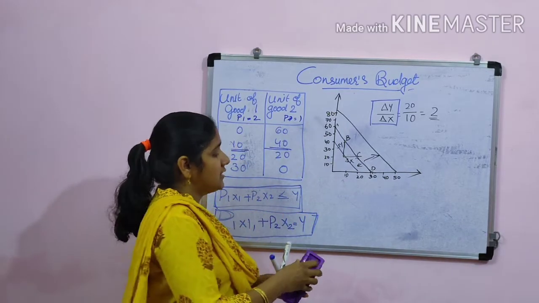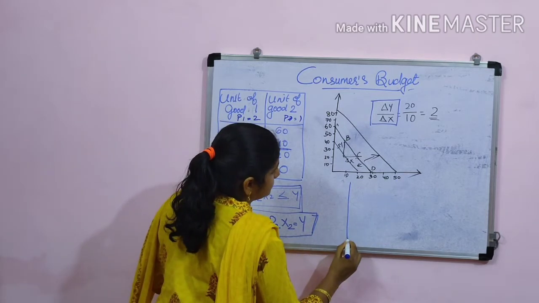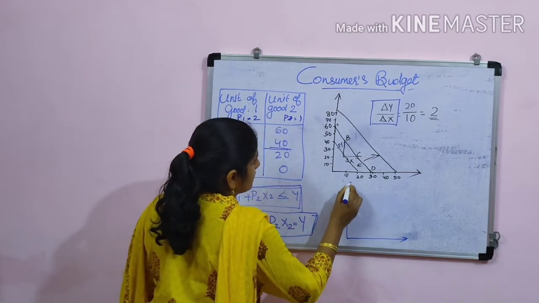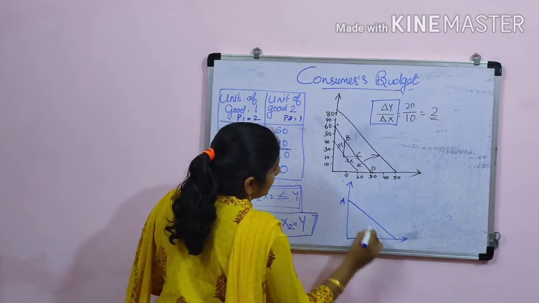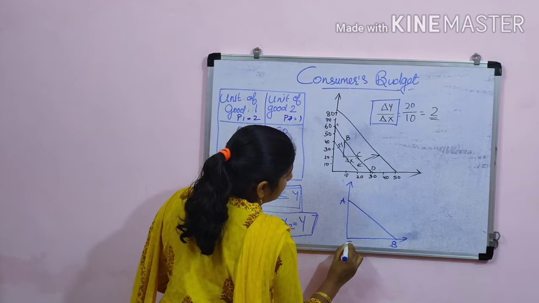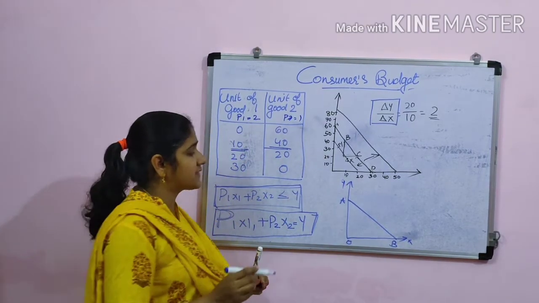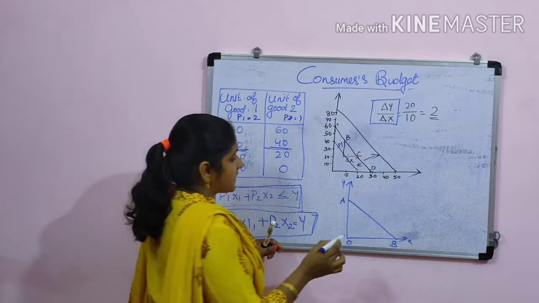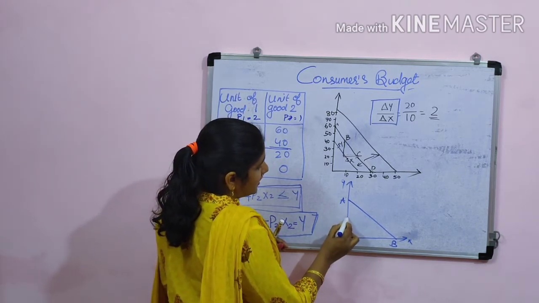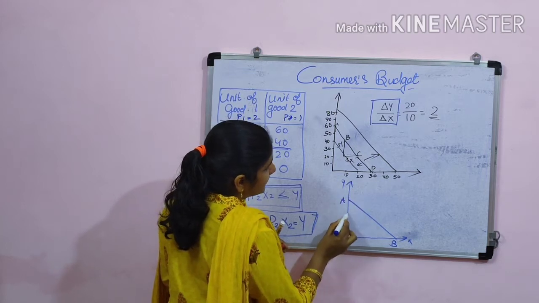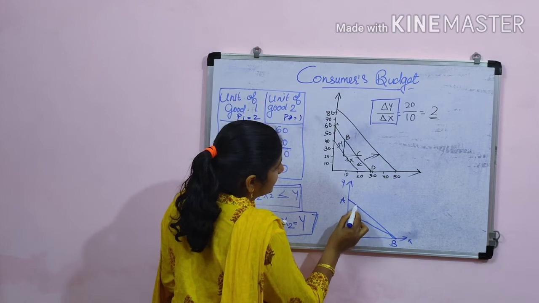Here you just see, in this case what happens? Imagine this AB, this is X and this is Y. AB is the original price line. If the price of the commodity Y increases, then what happens?